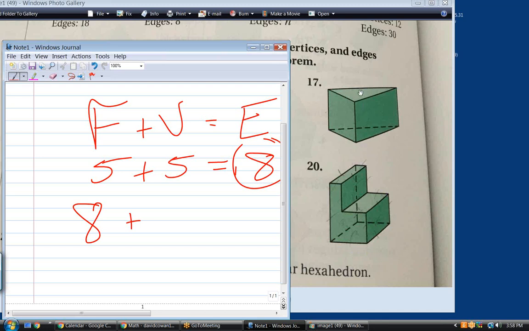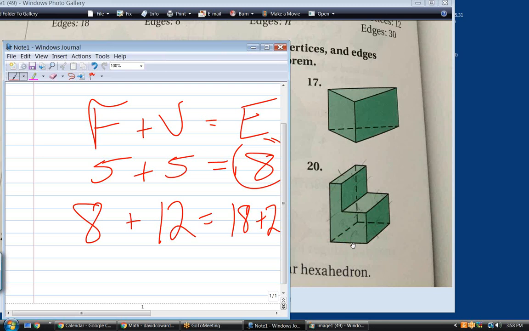If I'm looking from a bird's eye view at this shape, I see four vertices there, four vertices there, and I know there's four at the bottom. Are there any others? I don't believe so. So that's 12. So there should be 18 edges, because we take the number of vertices and add 2.